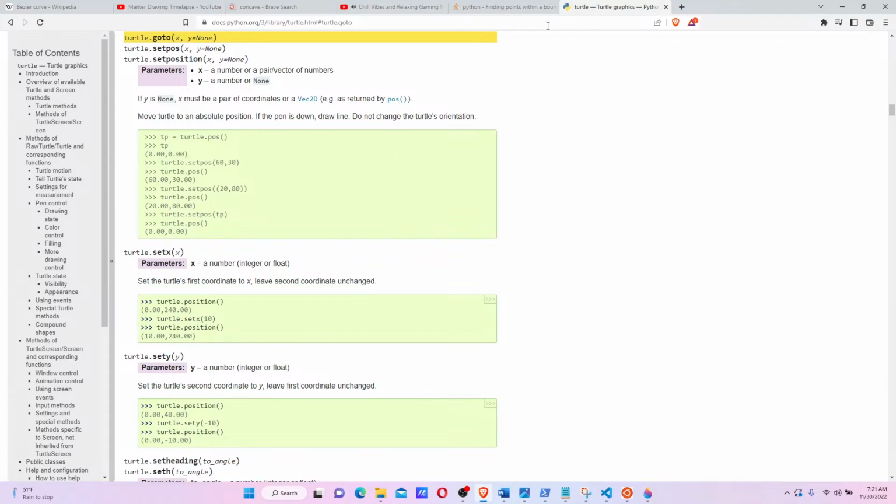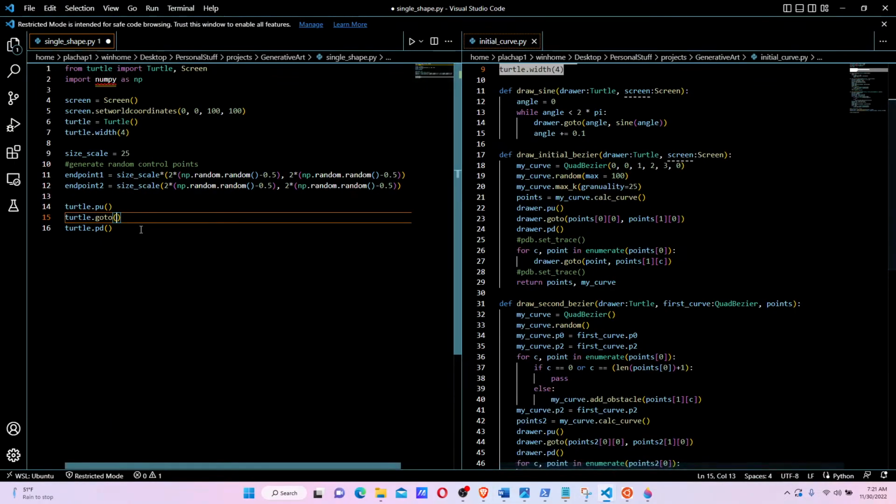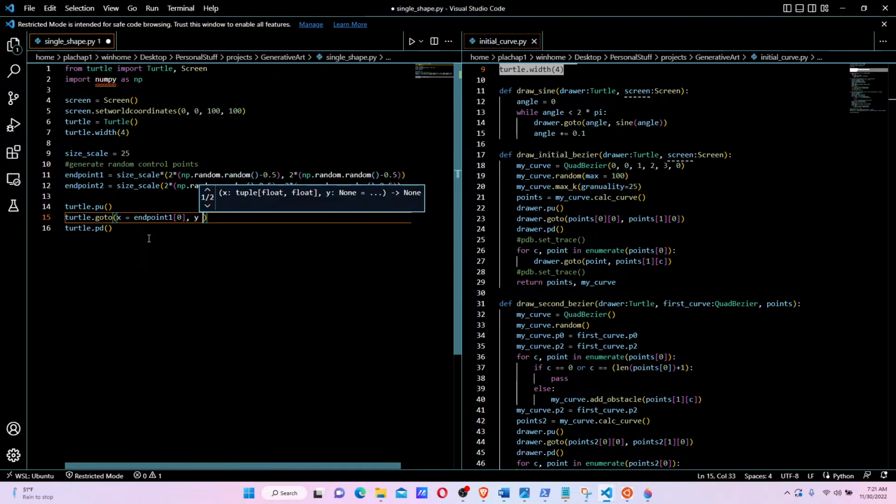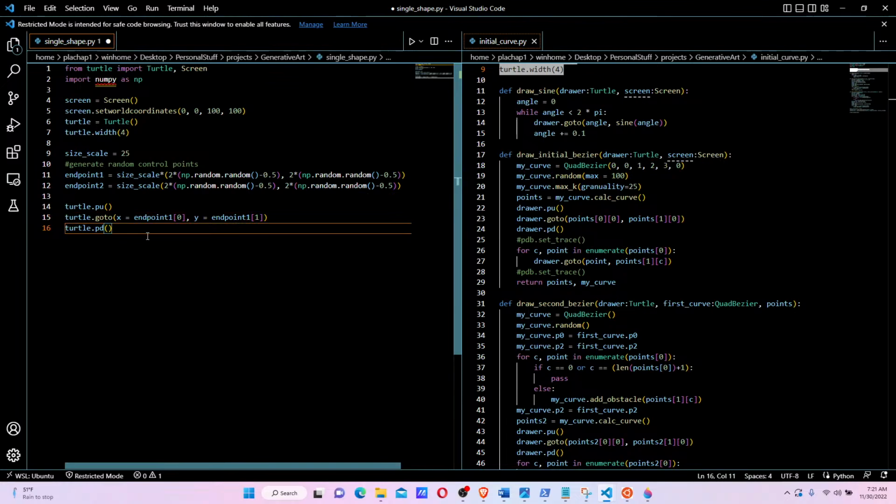x, y. So first we go to x equals that of 0, y equals that of 1, put down, and then basically the same thing as this, except it's going to be endpoint 2 instead of endpoint 1.